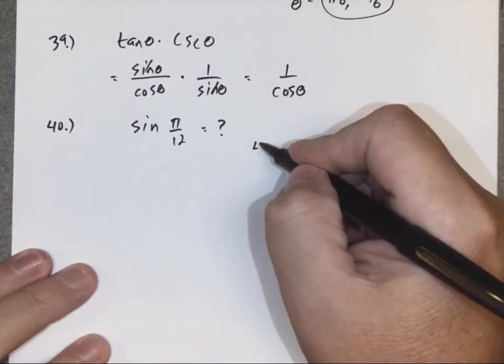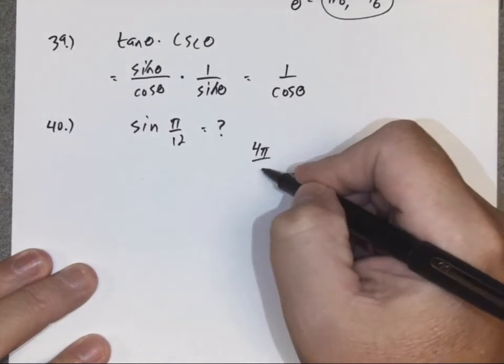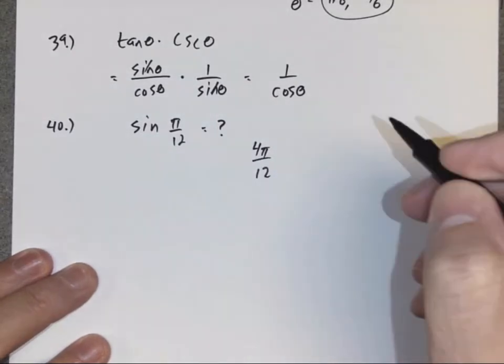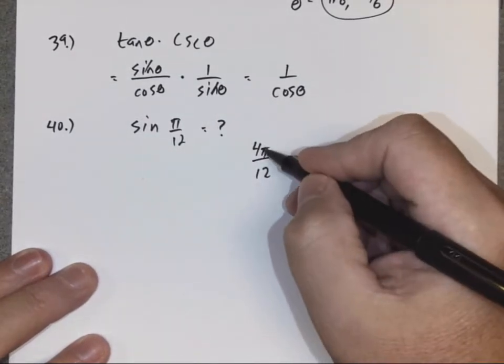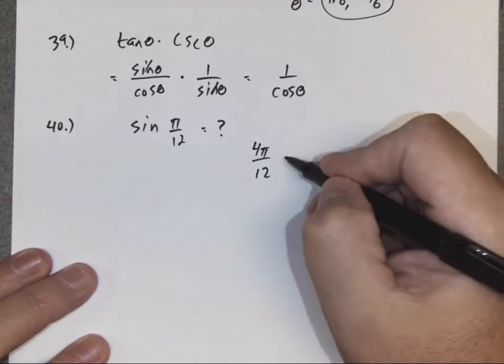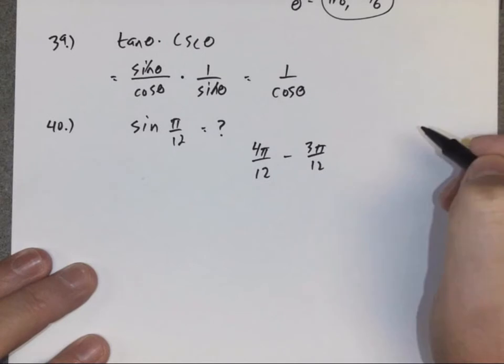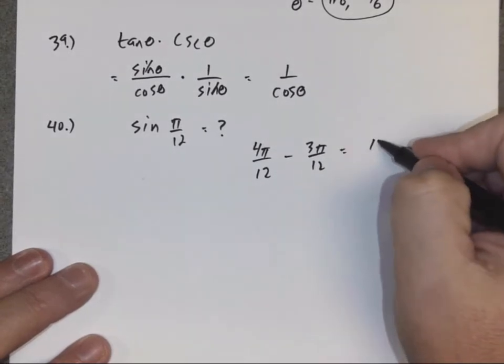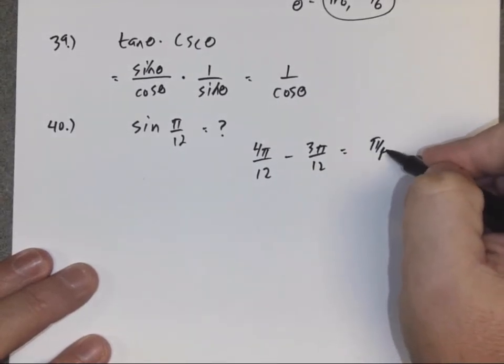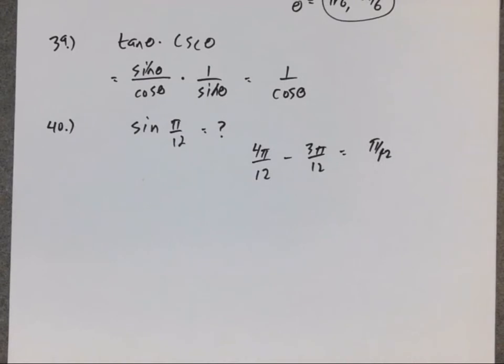And just because I've done this often enough, if I take 4 pi over 12 minus 3 pi over 12, that equals pi over 12.